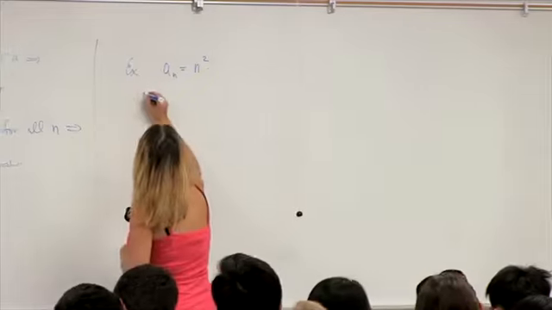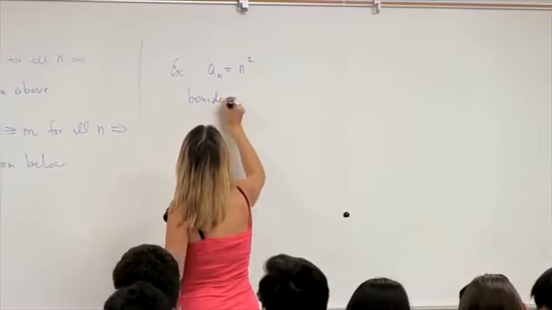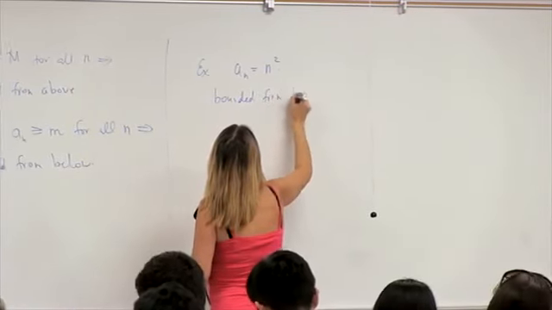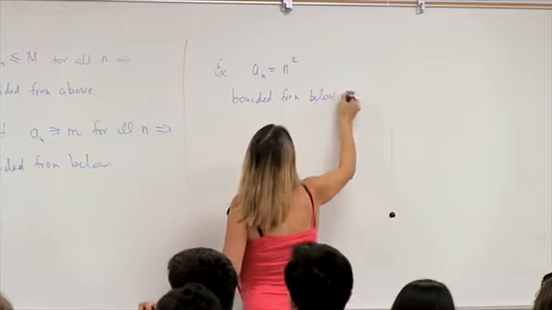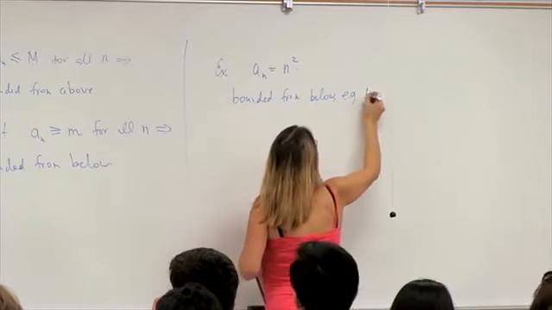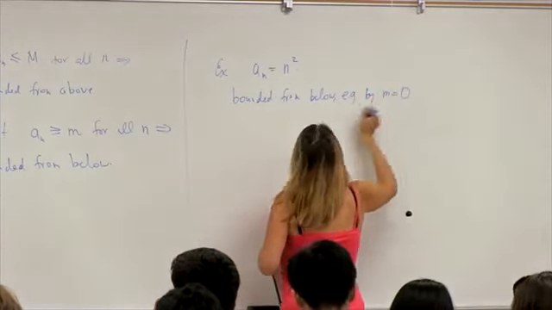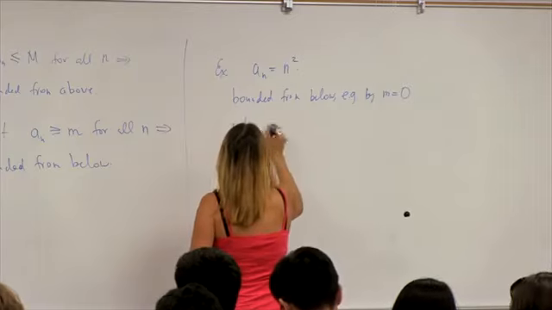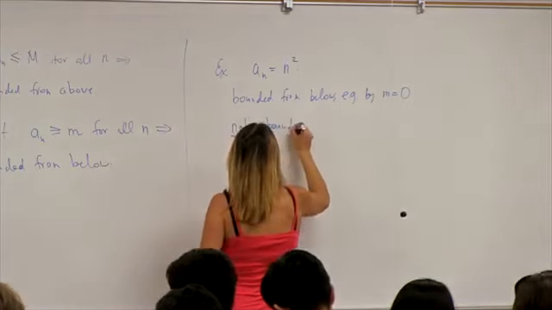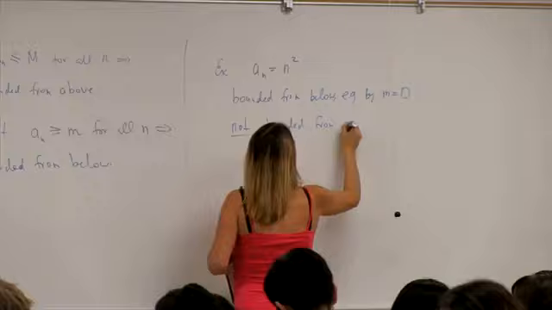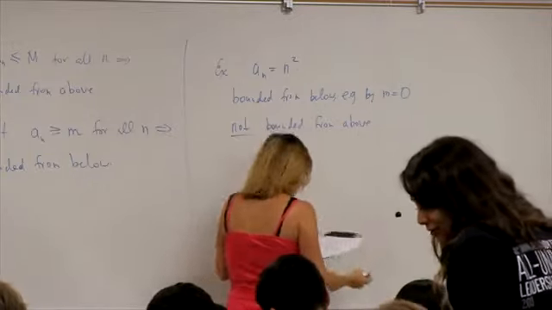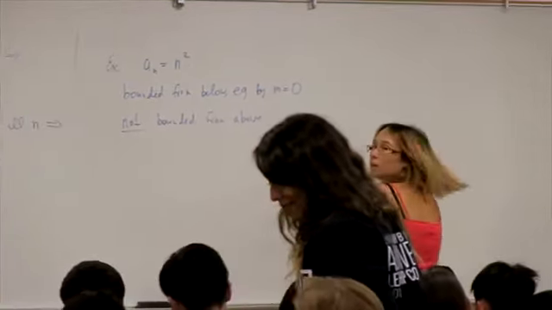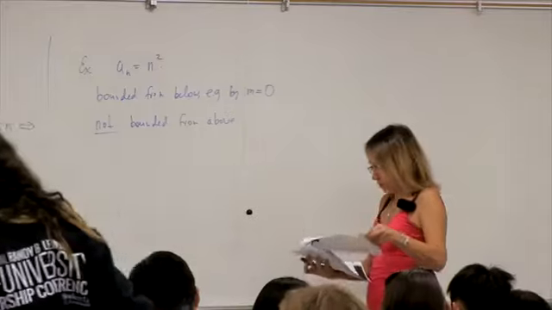So it's bounded from below, for example, by m equals 0, not bounded from above. Okay? A few more definitions.